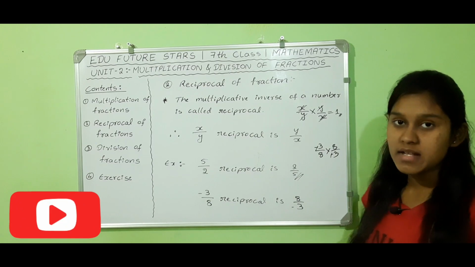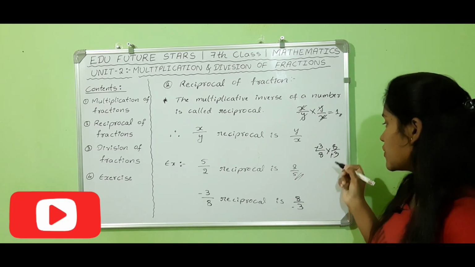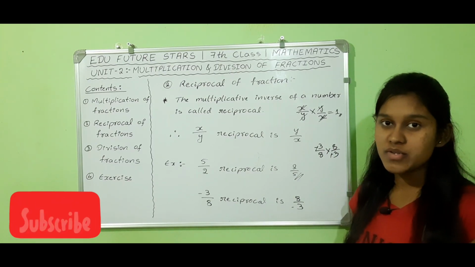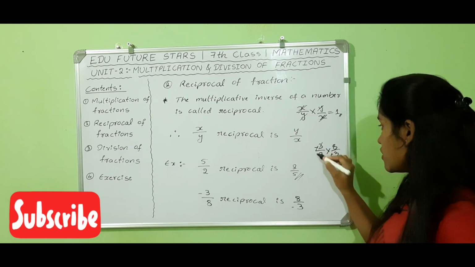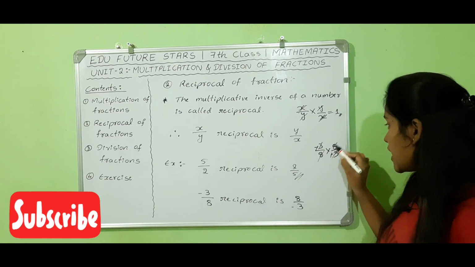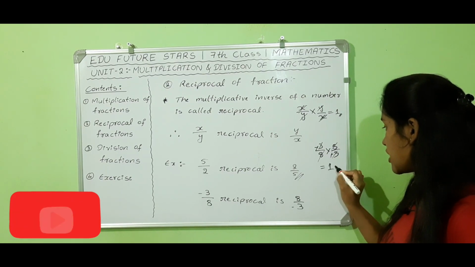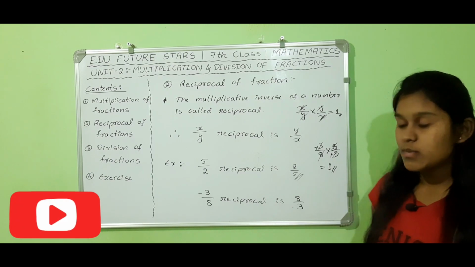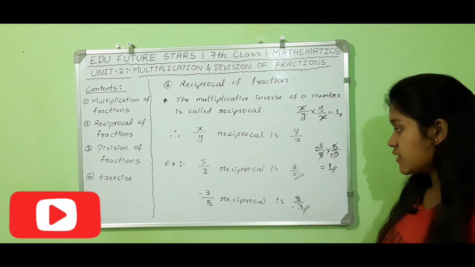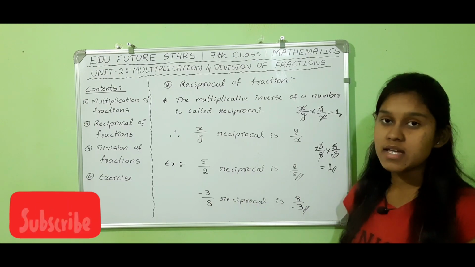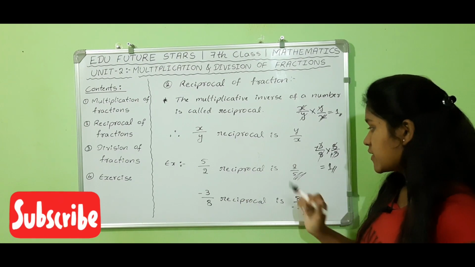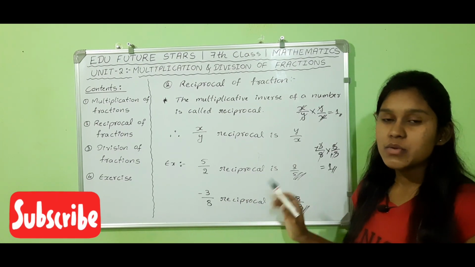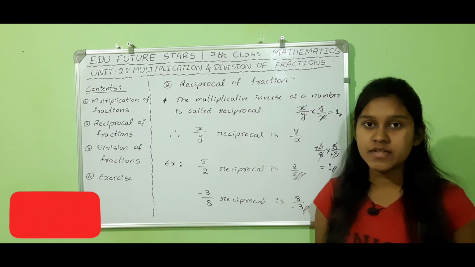Minus gets cancelled out. Otherwise you can also say minus into minus is what? Positive, right? So we will get positive. 3 will get cancelled out, 8 and 8 will get cancelled out. So we will get the result as 1. That's why we can call this number the reciprocal of minus 3 by 8. Same as this, right? So this is the reciprocal of a fraction.